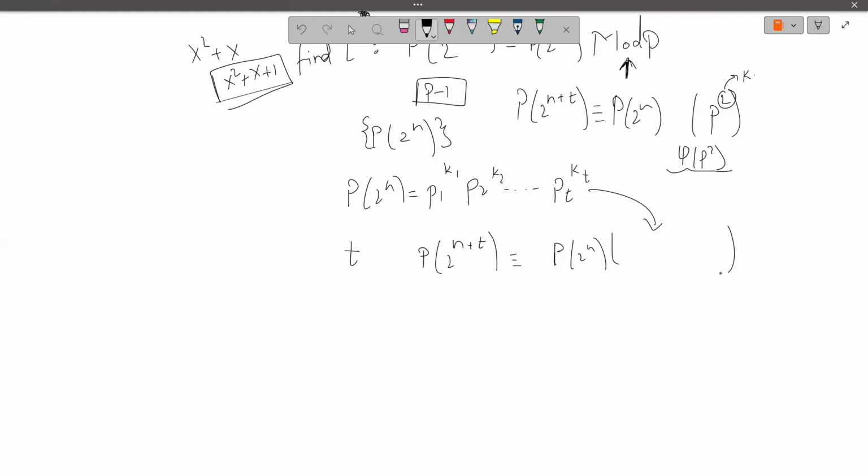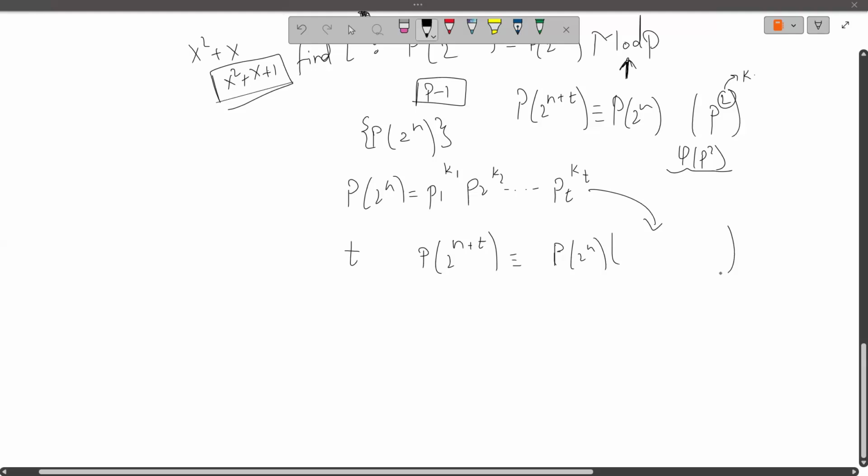Modulo what? Modulo P of 2 to the power n, you're saying? So P of 2 raised to the power n plus t must be 0 mod.